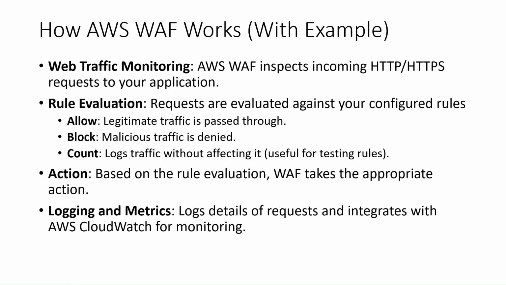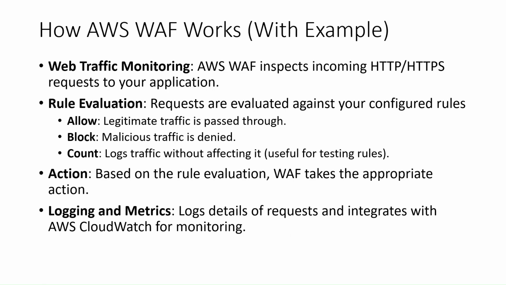And now, how exactly is it going to work? First, web traffic monitoring: the web application firewall inspects incoming requests to your application and evaluates rules. So how will the filtration be done in the firewall? Requests are evaluated against your configured rules like allow, block, and count. If it is allow, it will allow the traffic.